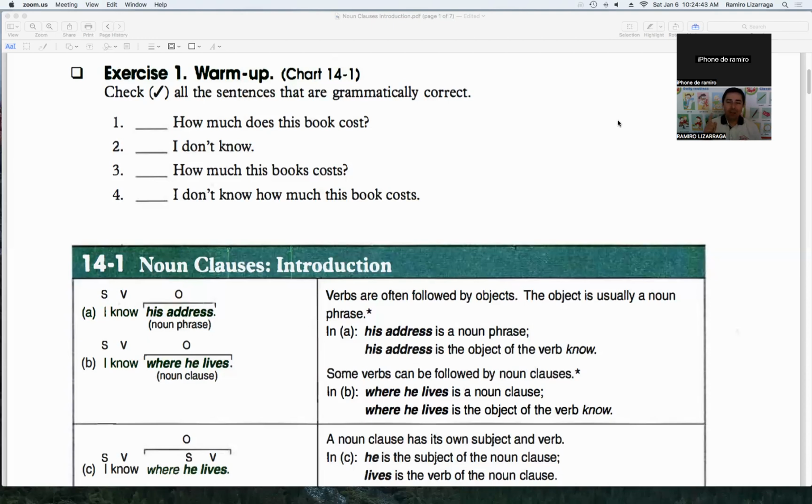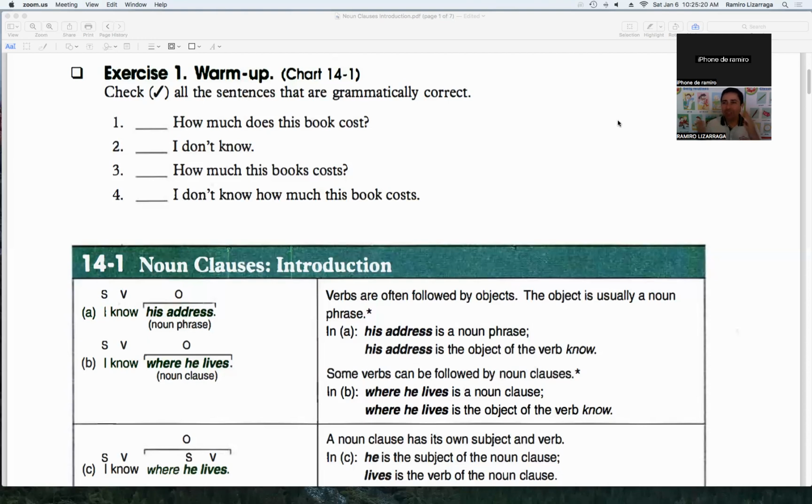Once we understand how noun clauses work, and once we know how to use them, and I give an introduction to you, later we are going to compare the adjective clauses with the noun clauses. That will be interesting, to write or tell a sentence with an adjective clause, and then another sentence with a noun clause, and compare them.